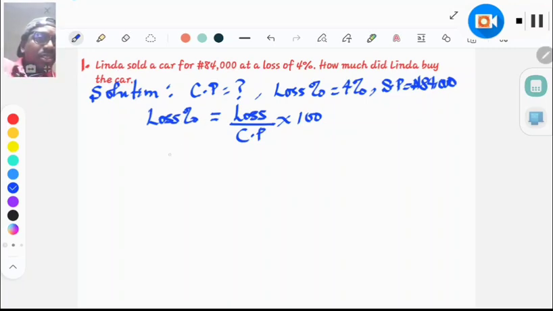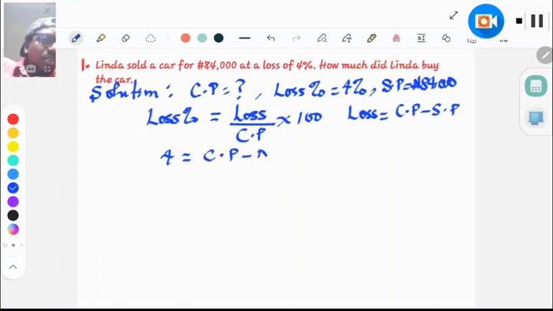The loss percentage is given to be 4, equals, now your loss, like we said, equals cost price minus selling price. So we have CP minus 84,000 naira all over the cost price times 100.